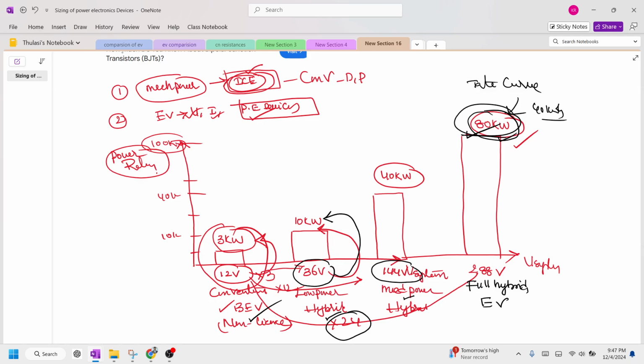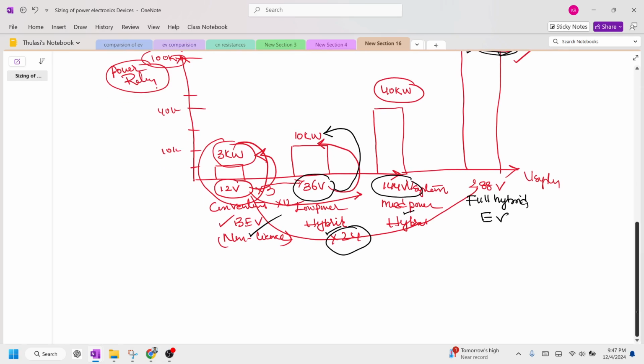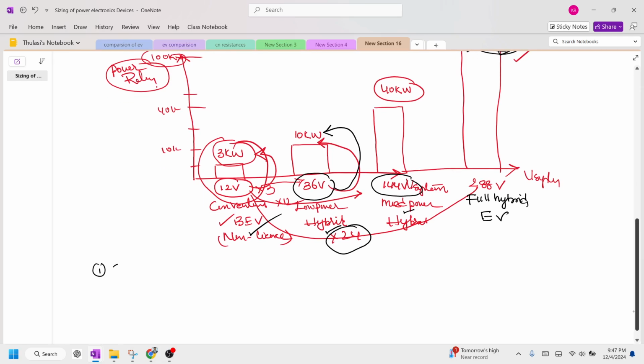Now, how to decide the sizing of the power electronics? There are some parameters to be considered. How to select the size of the power electronic devices? First, it depends upon the switching technology or the switching frequency they use.